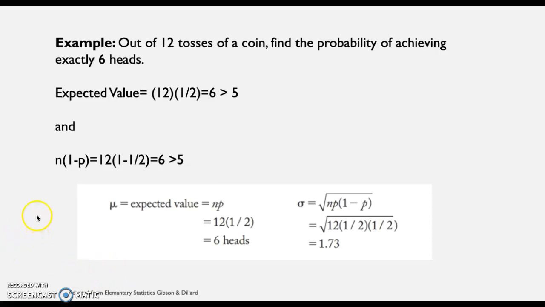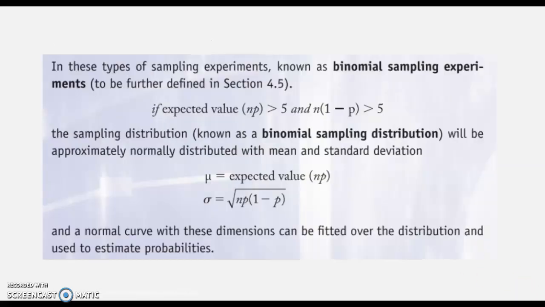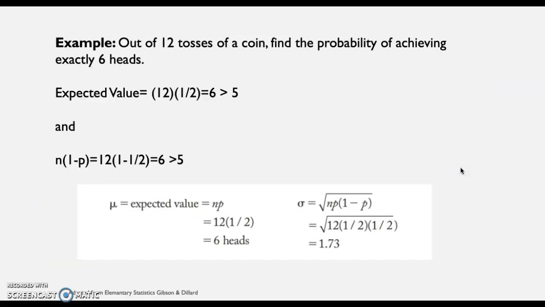Our expected value calculation, n times p, gives us 12 times 1 half, which is 6, which is greater than 5, and n times 1 minus p, which is 12 times 1 minus 1 half, is also equal to 6 and greater than 5, which satisfies our conditions.